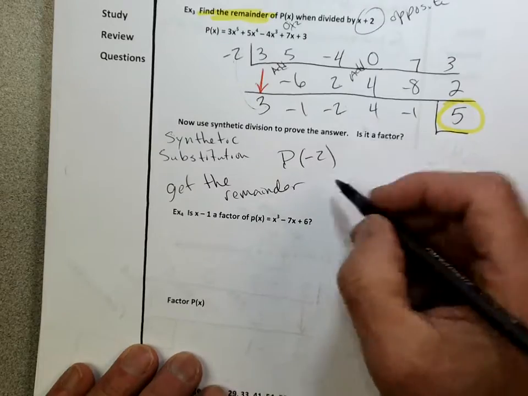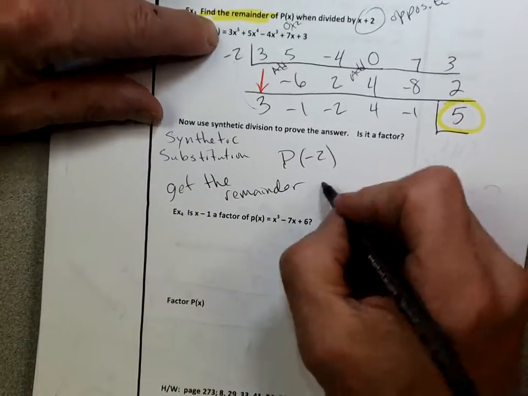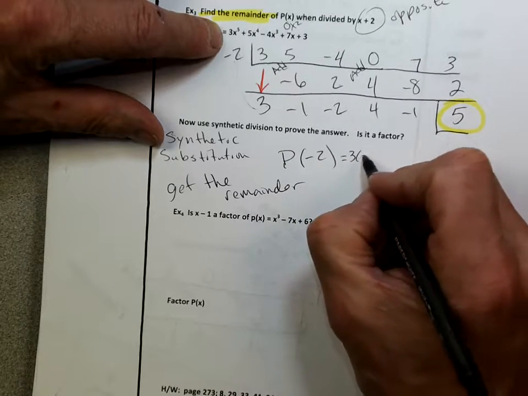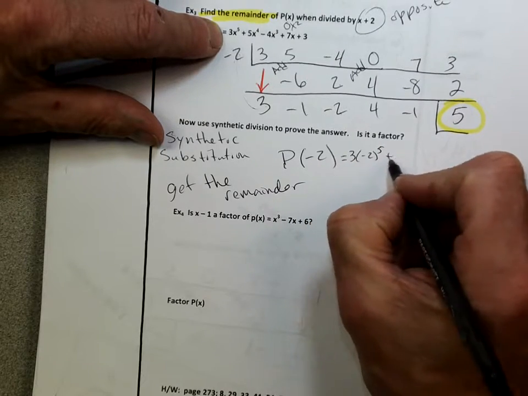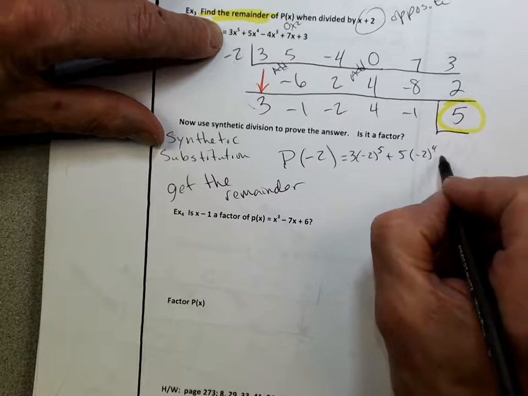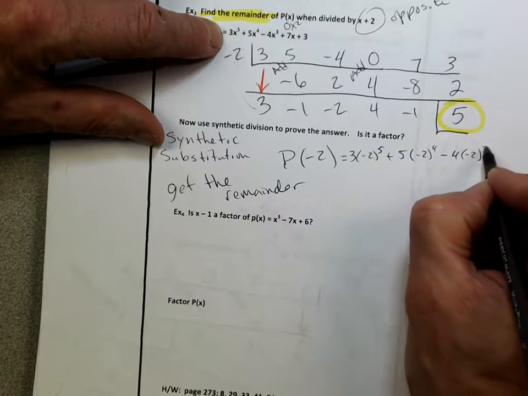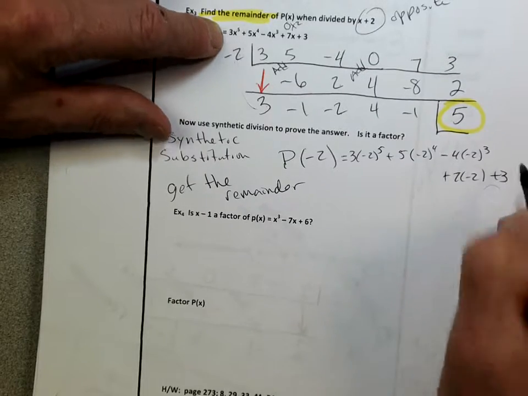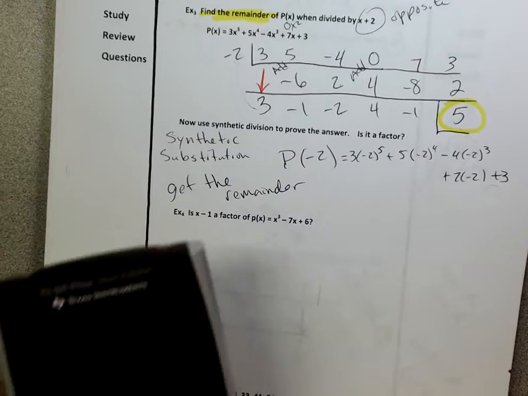So let's try it. Let's plug in negative 2. Let's see if Mr. Davies is lying to you or for real. 3 times negative 2 to the 5th power plus 5 times negative 2 to the 4th power minus 4 times negative 2 cubed plus 7 times negative 2 plus 3. I'm going to use my calculator because that's a lot, huh?